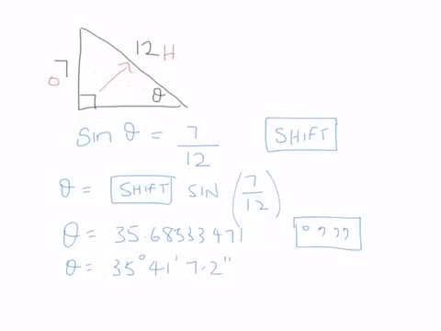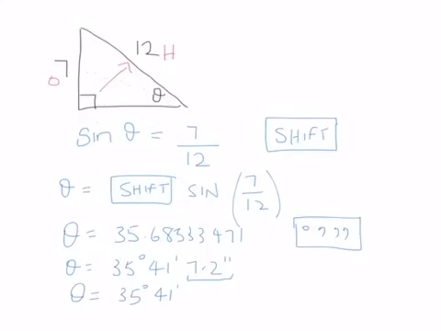So if we went to the nearest minute, it would be 35 degrees and 41 minutes, because this 7.2 is actually quite small. When rounding off degrees, you have to be careful because there are 60 minutes in a degree, so halfway is 30.